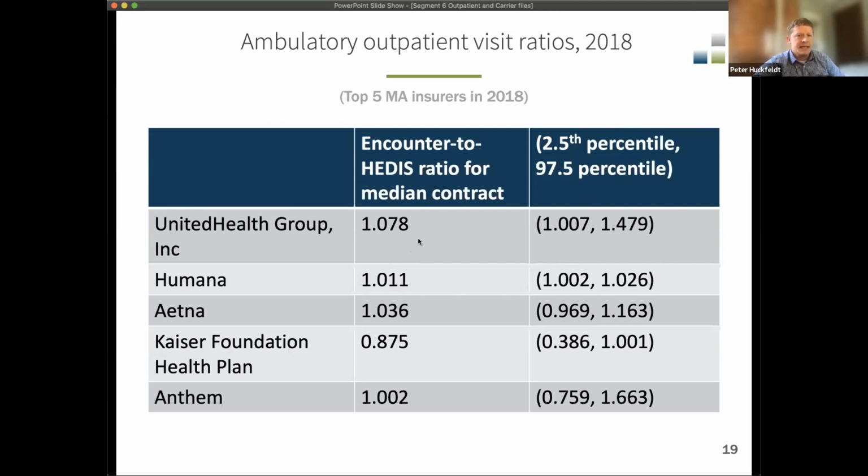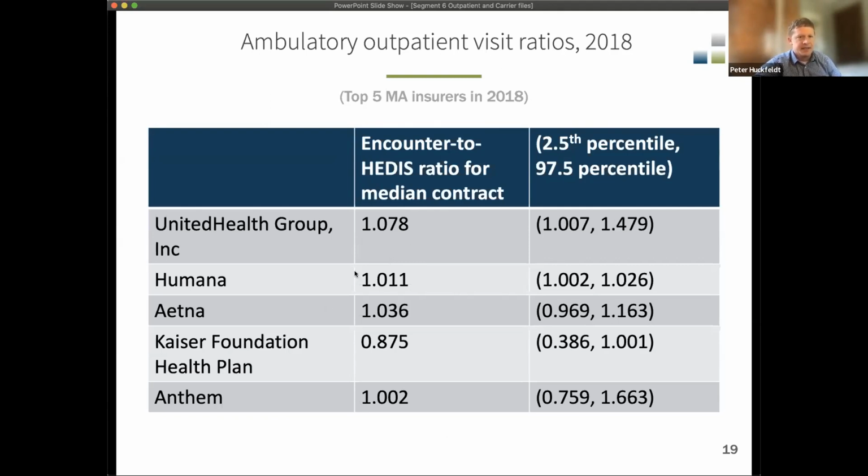What you see is that overall the largest Medicare Advantage organizations have pretty good concordance between the encounter and the HEDIS data.